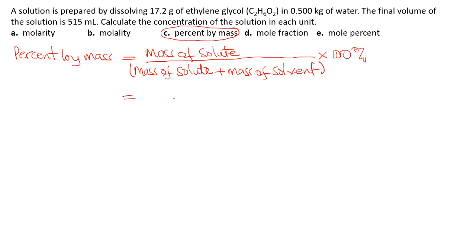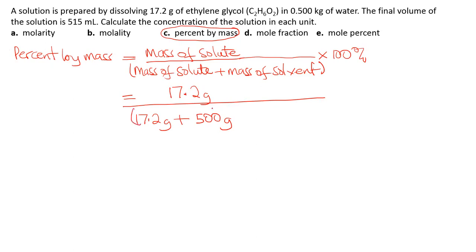In this case, our mass of solute is 17.2 grams of ethylene glycol, and for the solvent, you need to change the mass from kilogram to grams, so it will be 500 grams. Whatever we get here, times 100%.